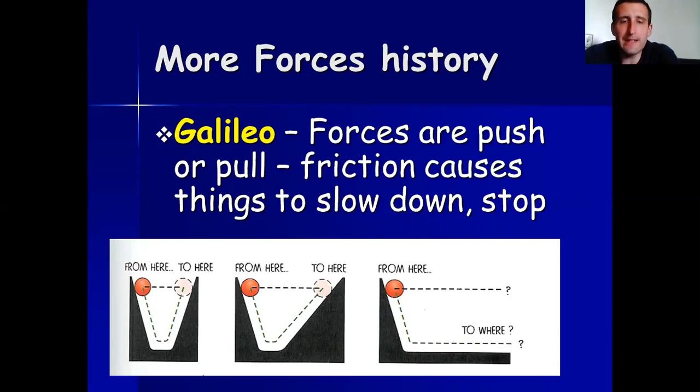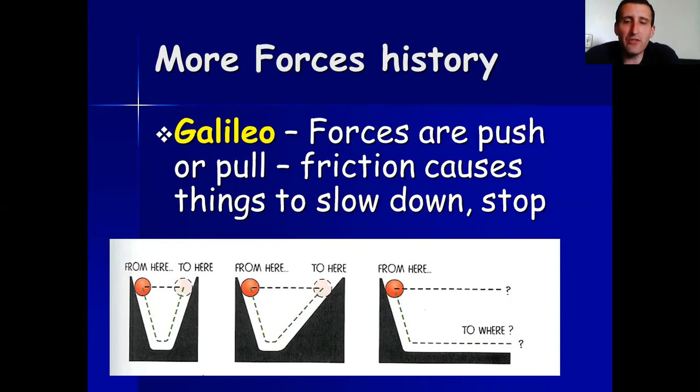In the course of those experiments, he discovered something that really explains why Aristotle is wrong and the proper way to think about things. And that thing is friction. You can see from the pictures down below the words on this slide, what he did is he had a bowl or some kind of device, and he put a little ball in it, and the ball would roll down to the bottom of the bowl and then roll back up on the other side.